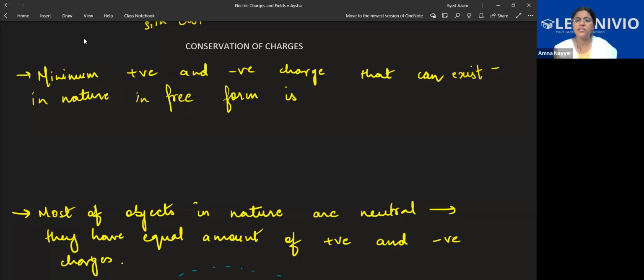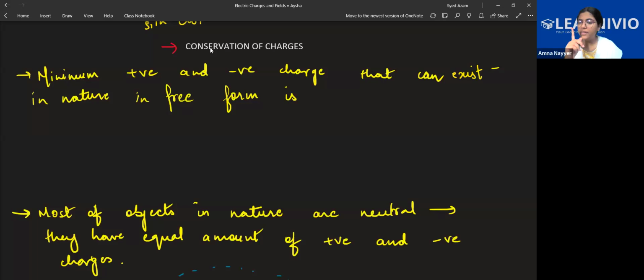The statement you must have heard in your chemistry also, physics also. Similarly, for the charges also, charges can neither be created nor be destroyed. What happens is charges just get transformed from one body to another. So this is what we have to see, and that's what is called the conservation of charges.